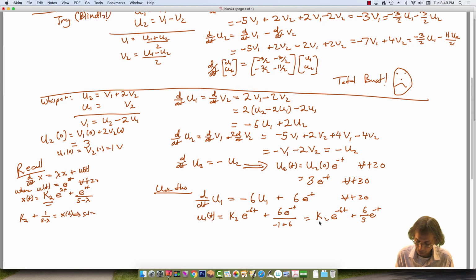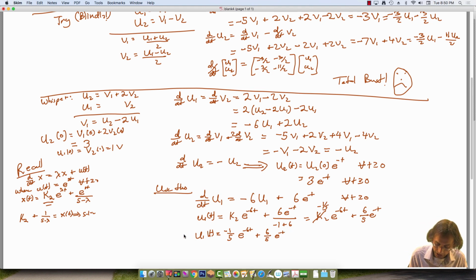The second term is clearly 6/5, which means k2 must be negative 1/5. So u1 of t equals negative 1/5 times e to the minus 6t plus 6/5 e to the minus t.